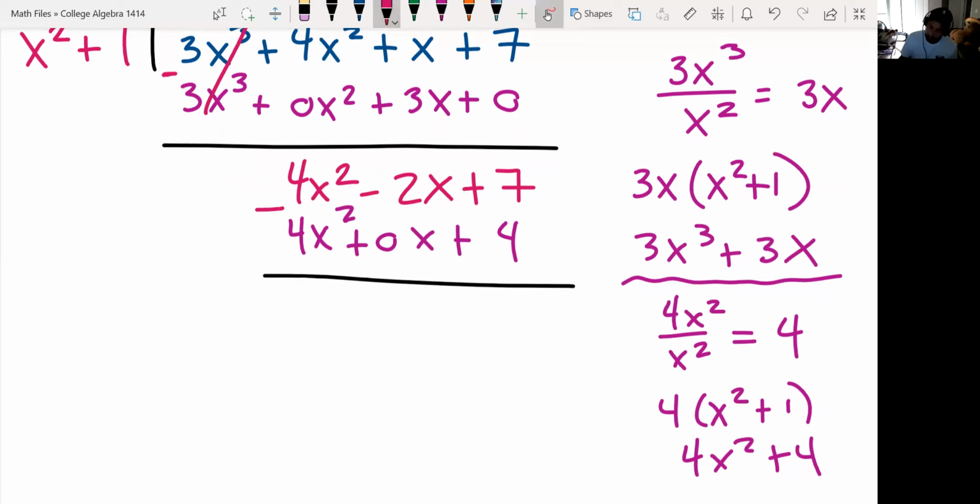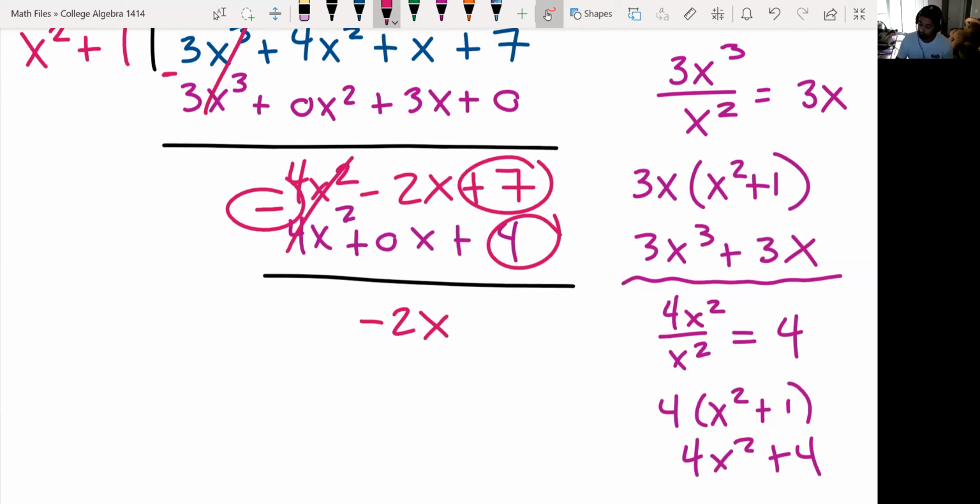Operation is subtraction. So now 4x squared minus 4x squared, cancel. Negative 2 minus 0x, negative 2x.